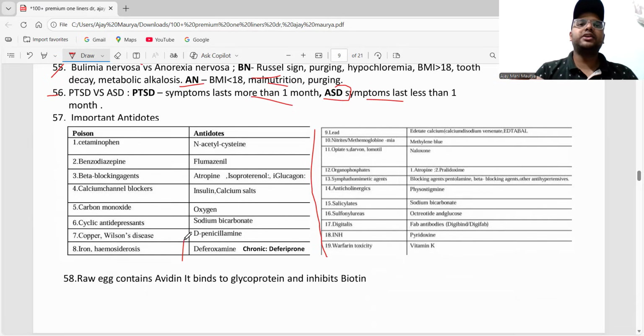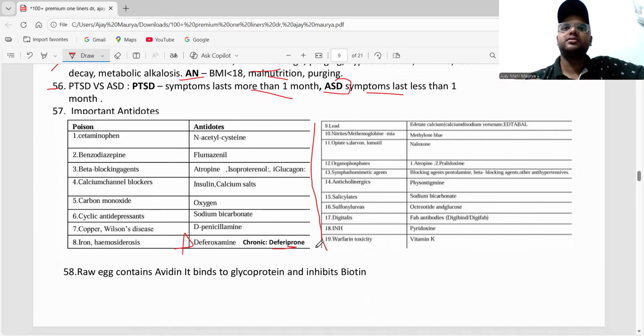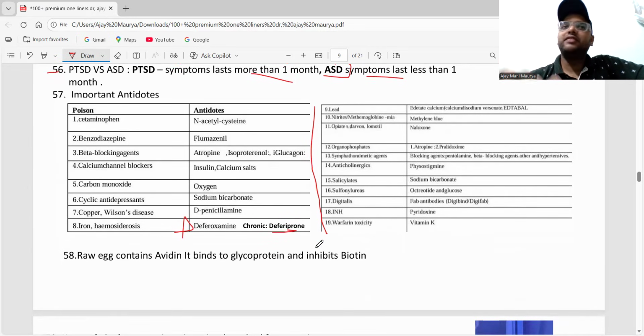For chronic iron poisoning, the antidote is deferiprone. The others are very easy for you, but don't go to the exam without reading these.